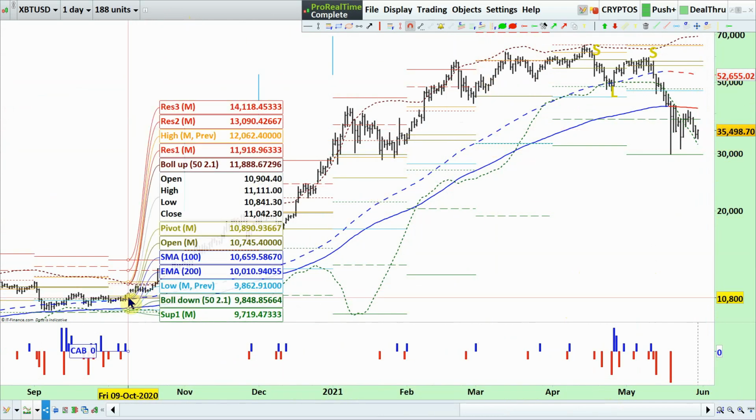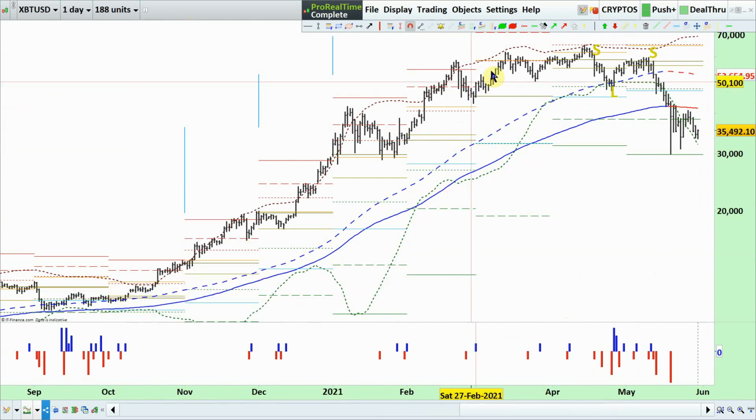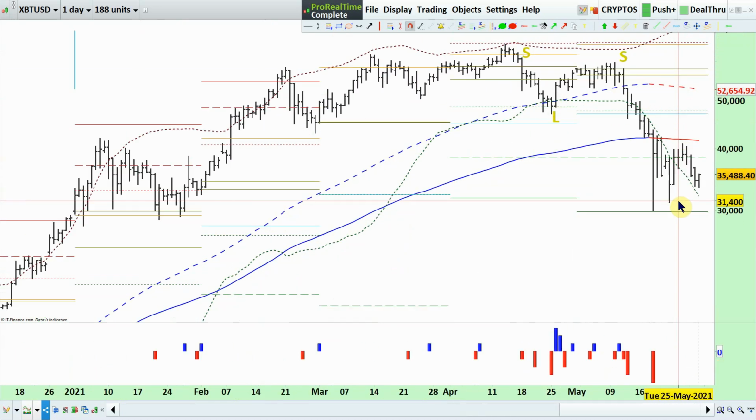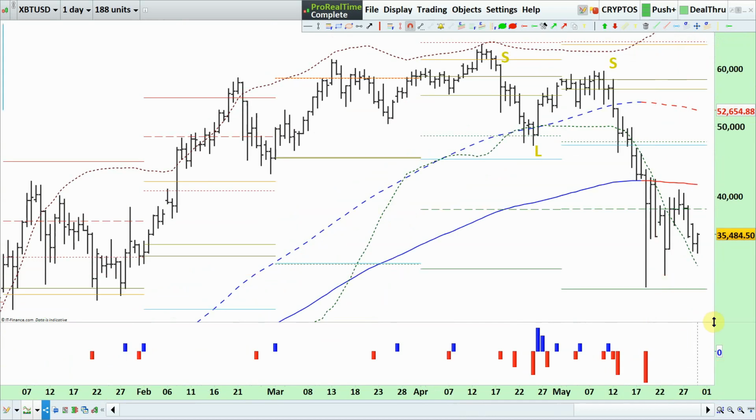Like Bitcoin went up from 10,000 to 60,000, unidirectional. But at the same time, it came down from 64,000 to 34,000. That is also unidirectional. I think you're right, they behave more like currencies because they are digital currencies.